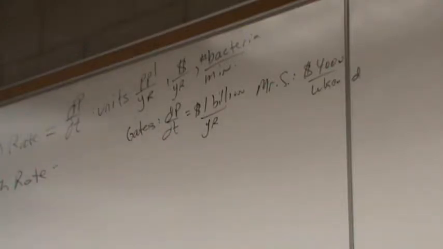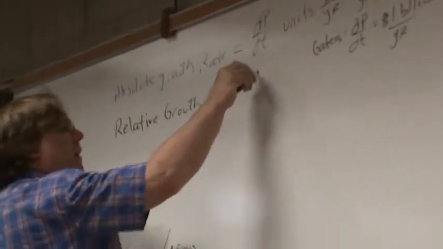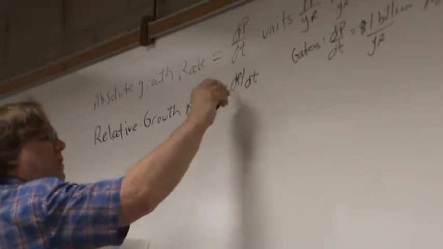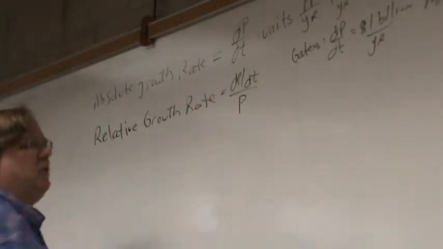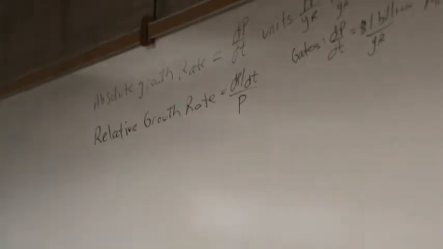But relative growth rate is something different, and I think when people were voting for me, they were actually thinking about relative growth rate, correct? Because relative growth rate is this. It's the rate of change, the absolute growth rate, divided by how much you started with. dp/dt over p. That's your relative growth rate.